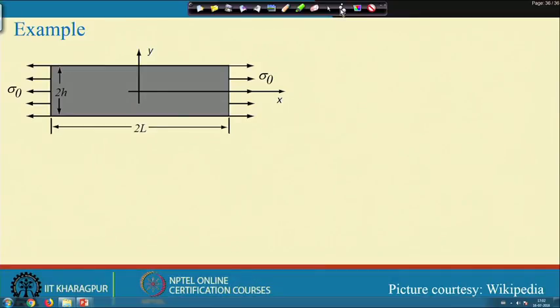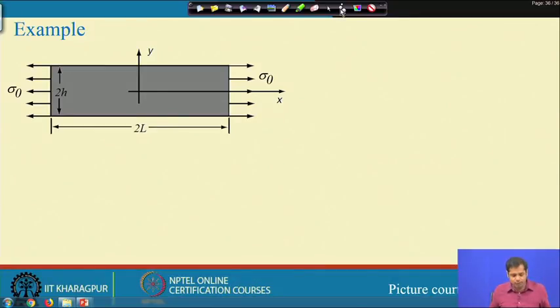Let us start by assuming a very general expression and then see how we may have many components in that general expression, but some of the components we can make 0 by applying the conditions available, and then see how the solution can be obtained.